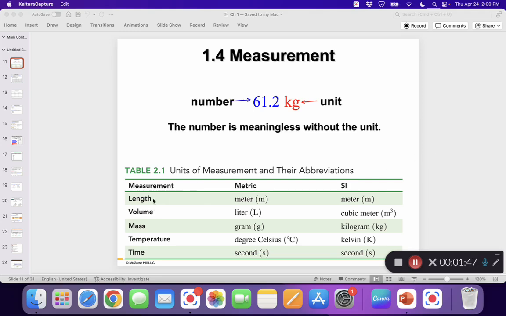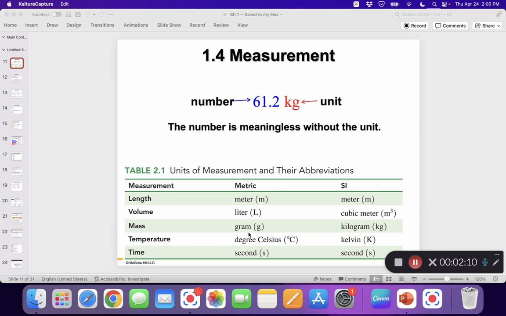So let's see how these measurements are related to the units. If you are measuring the length of a ribbon, in the metric and SI systems we measure in meters. In the English system, we might measure in miles or yards. Volume we measure in liters, and in SI in cubic meters.